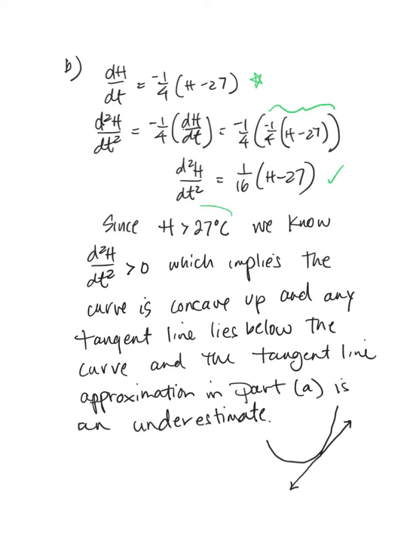However, remember, we know that h is always greater than 27 degrees, and so this value h minus 27 will always be positive, and therefore the whole entire second derivative is positive, which implies that our curve is concave up, and any tangent line lies below the curve and therefore is an underestimate. So I just gave you a little diagram right there.